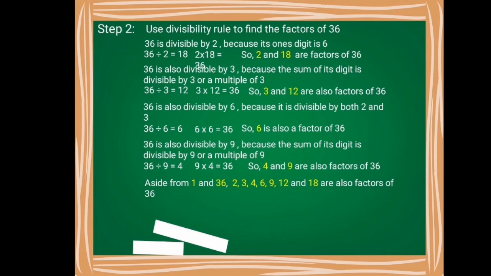Yung mga naka-yellow sa mga fonts. 2, 3, 4, 5, 9, 12, and 18 are also factors of 36. All in all, the factors of 36 are 1, 2, 3, 4, 6, 9, 12, 18, and 36.